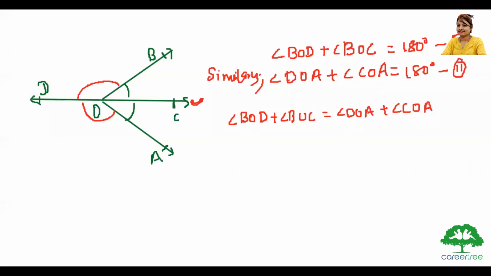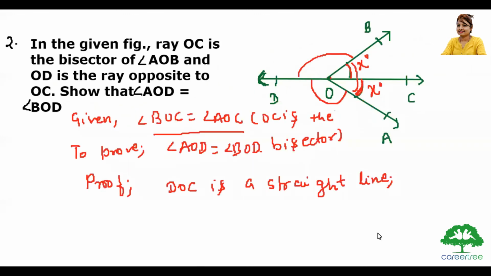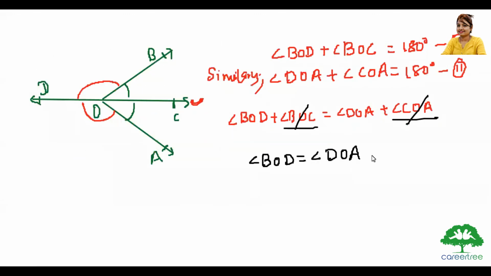So both of these angles are equal, which means they will get cancelled. So what is left with us? Angle BOD equals angle DOA. And what we had to prove? Angle AOD equals BOD. That's what we have proved, right?